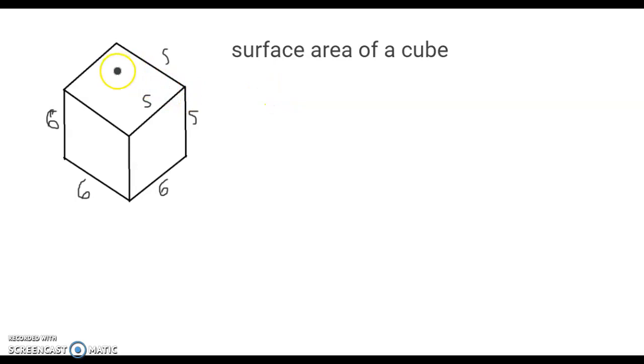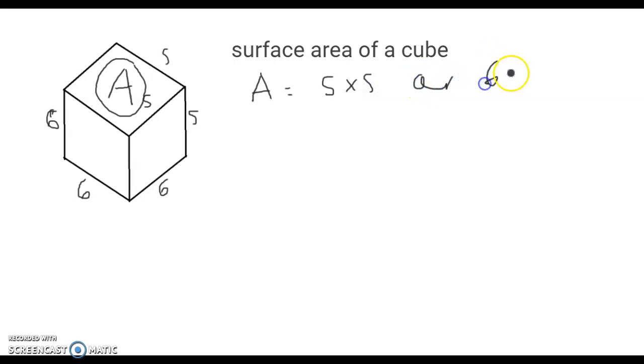Now if you take this face, this surface, what will be the area? The area of face A will be S multiplied by S, or say 6 multiplied by 6 if we are given one side as 6.